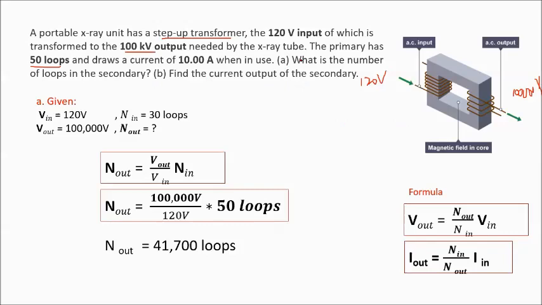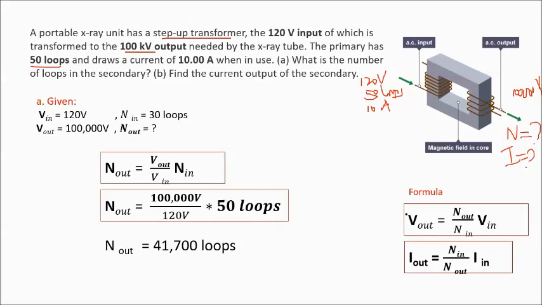And then we have primary, 50 loops and 10 amperes. So, sa letter A, find the number of loops in the secondary or output coil. And find the current output of the secondary, find I at the secondary.